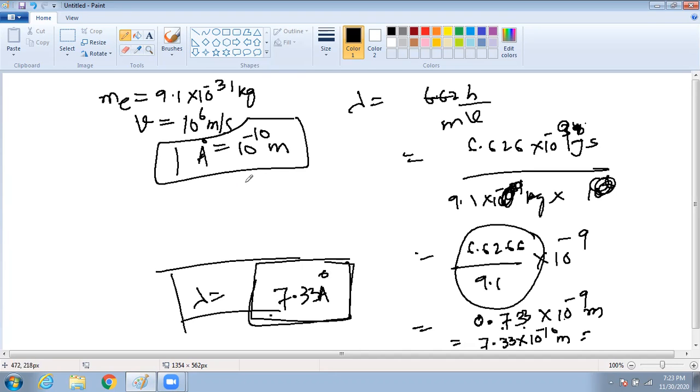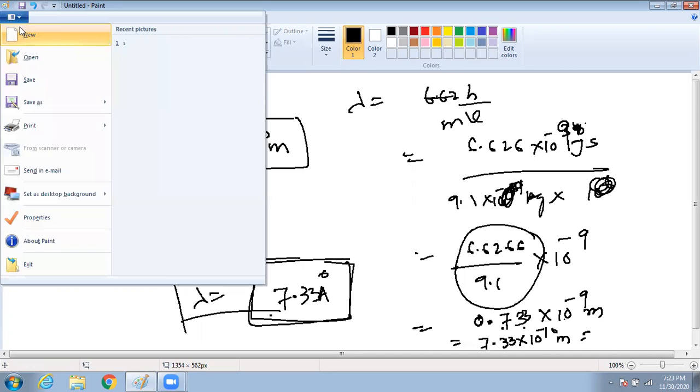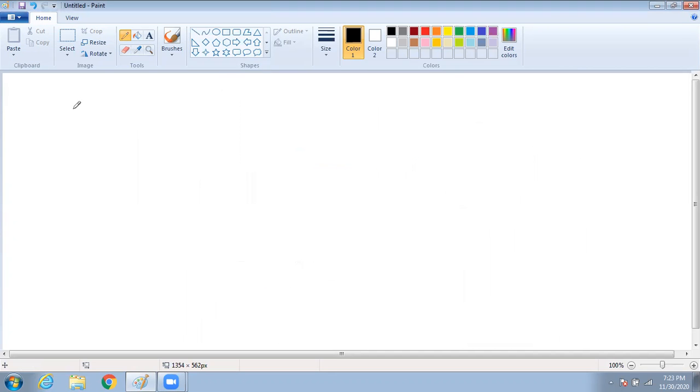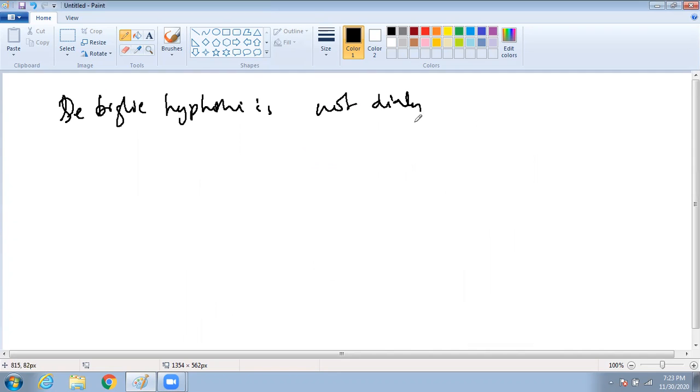So what we found is that the de Broglie hypothesis is not for daily objects like car or bus, because they are very big.